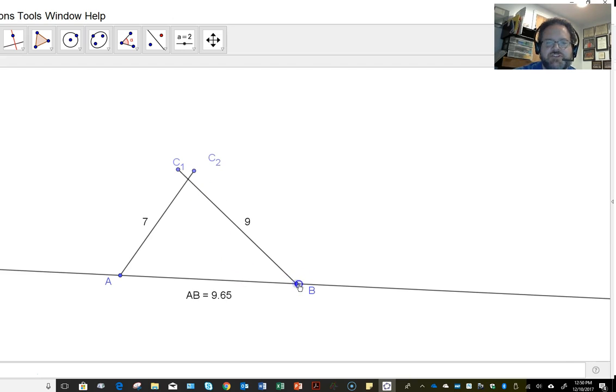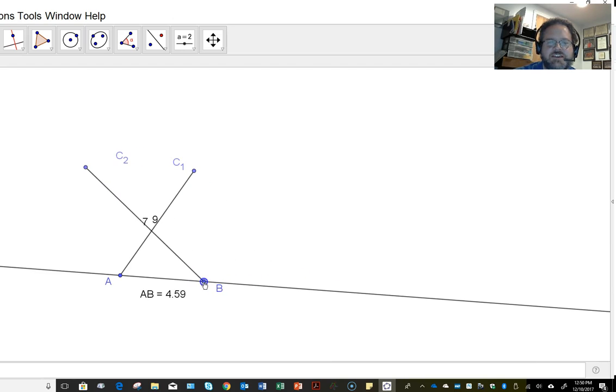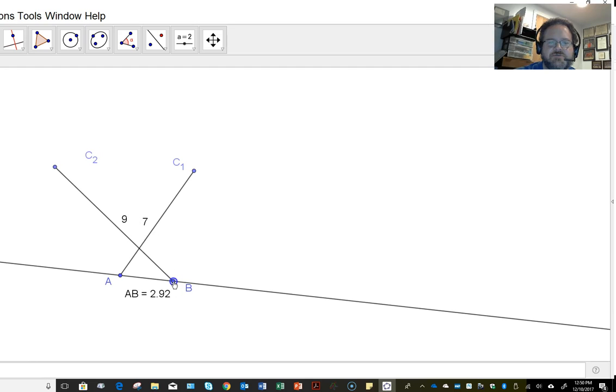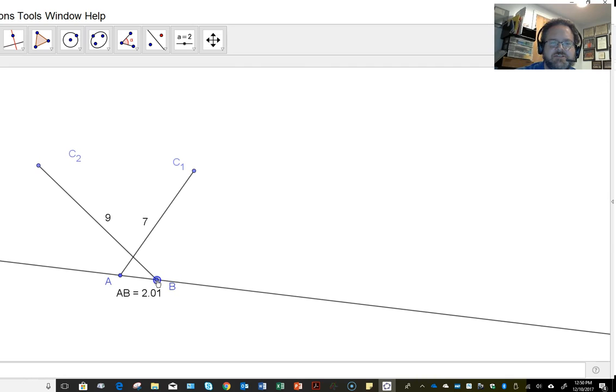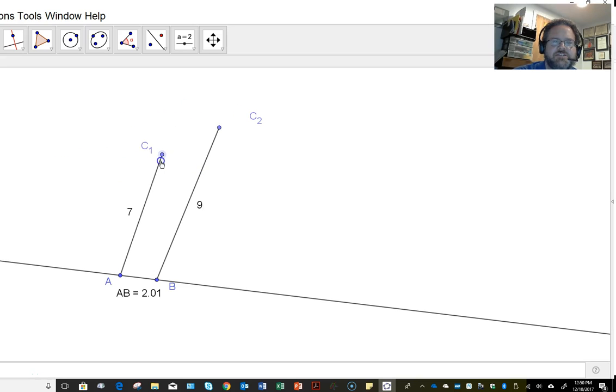Well, if I shrink this down to, say, 2, as close to 2 as I can. That's always the tricky part of this. That's close enough. As I try to do this, I'm not able to really form a triangle.